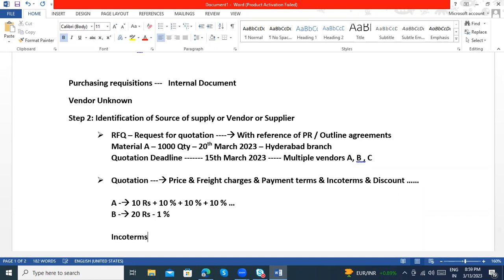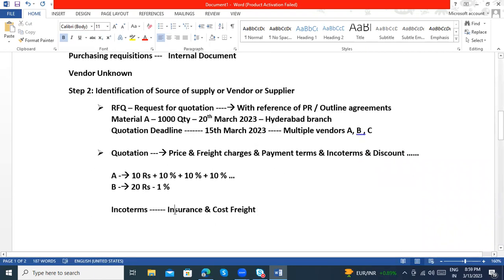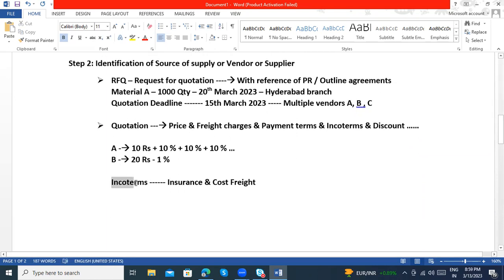So here, the stolen goods, you are saying, right? In the Incoterms as well, there will be insurance related information. That means whether the insurance and freight cost are borne by the vendor, or the insurance will be charged to our company. That information will be there in the Incoterms. So majorly, when you are maintaining this Incoterm, you also need to maintain the condition, the insurance and the cost freight.